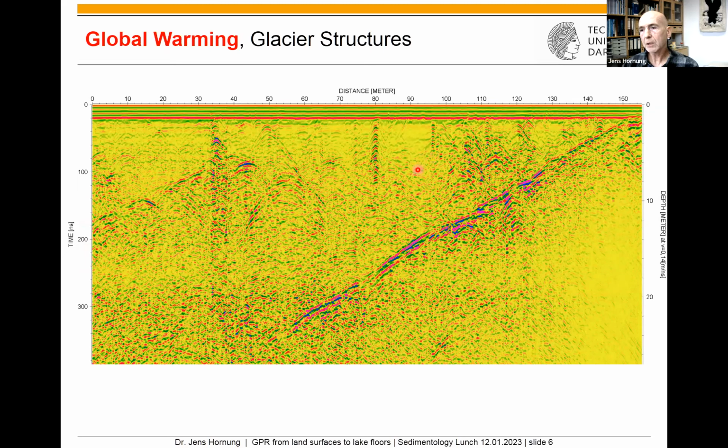And if you know the velocity, you can also calculate the depth of the GPR section here. And you may recognize already that the glacier base is well recognizable here, down dipping. And also you may recognize internal structure of the glacier, like these boulder nests or internal layering where boulders accumulate. So GPR works quite well on glaciers.